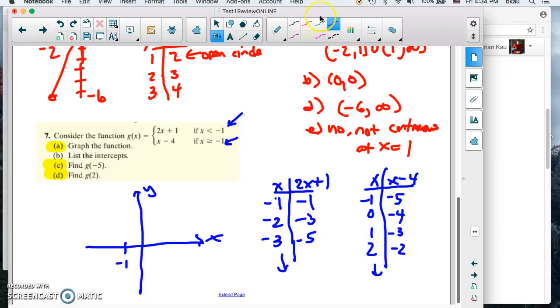So I'm going to graph these in two different colors so you can see the difference here. Let's graph this one in red on this side. So I start at -1, -1. Now looking up here, again, I have to see if this is an open circle or closed. When I look at the chart, the first value is always the value that's in there, so I'm going to see if this is an open circle here, and this one is closed over here.